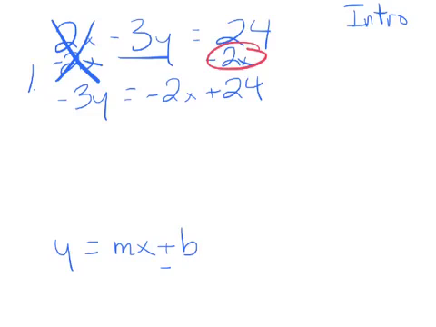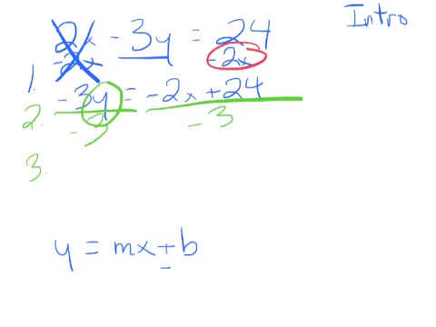Next step is to get y all alone. To get the y all alone, we have to divide by negative 3. That's step 2. After we get the y all alone, we're going to get back to this. y equals negative 2x divided by negative 3.